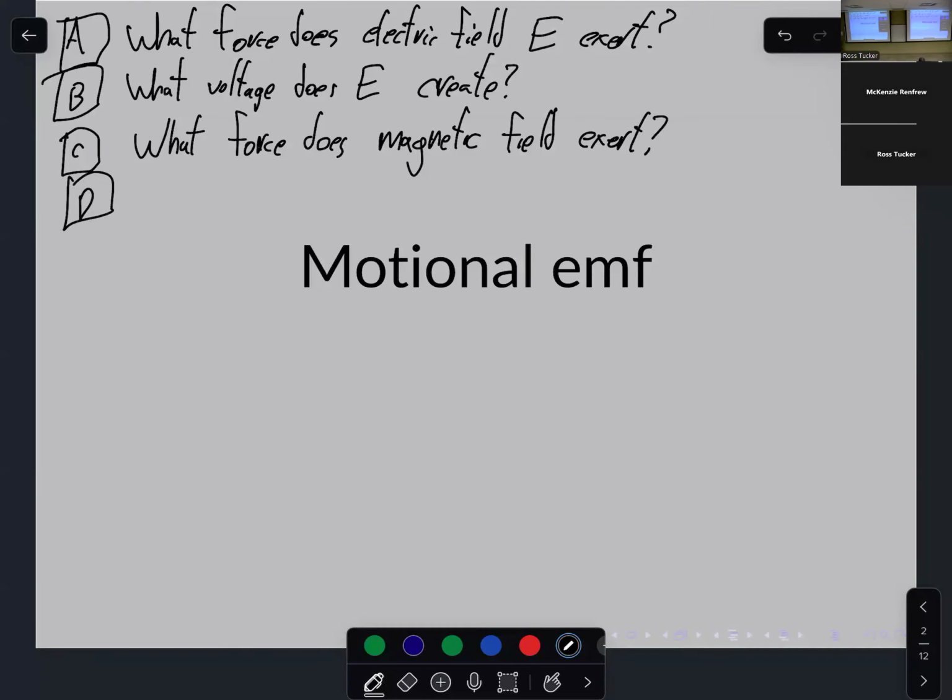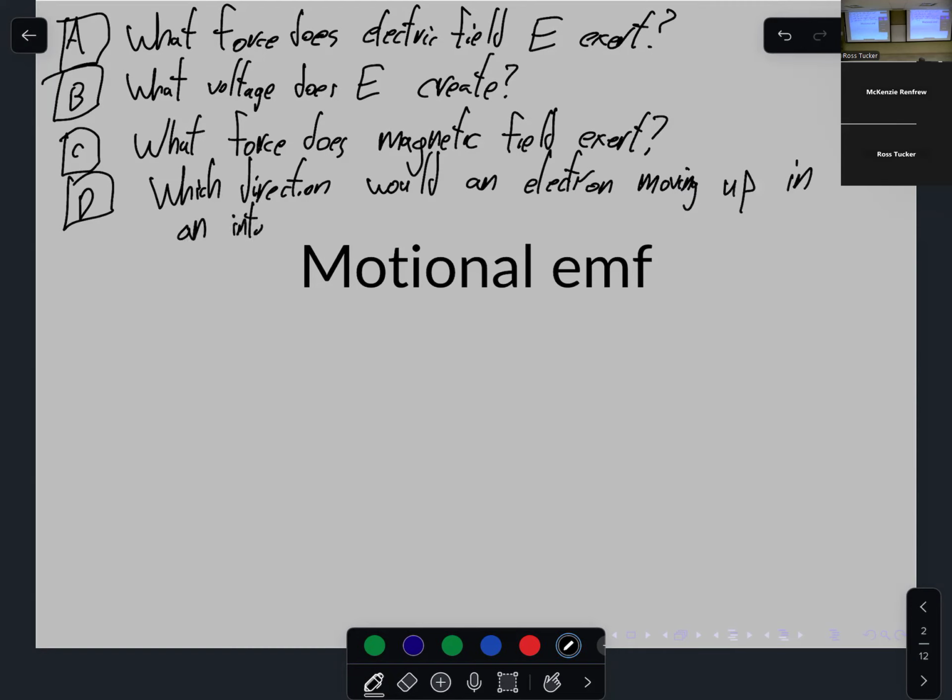D, which direction would an electron moving up in an into page B field feel a force?